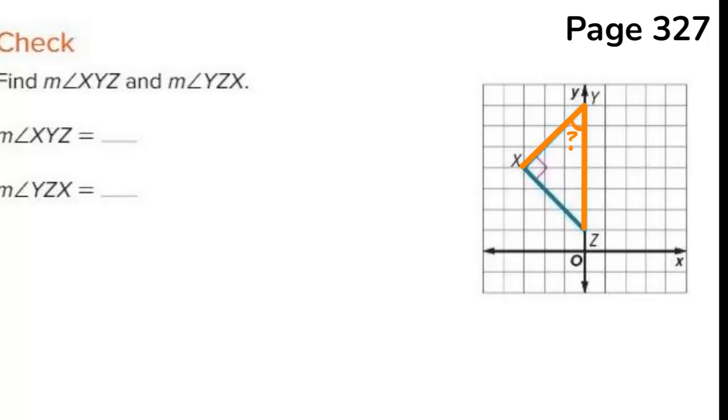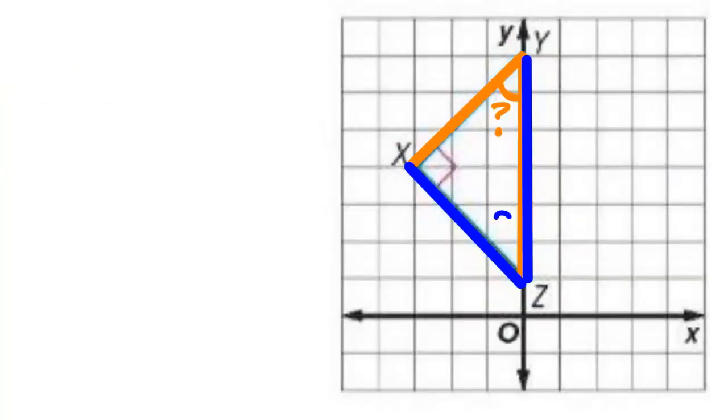And we are also supposed to find YZX. So start at Y, go down to Z, and then follow that up to X. So this angle down here is the other one that we're supposed to be finding.